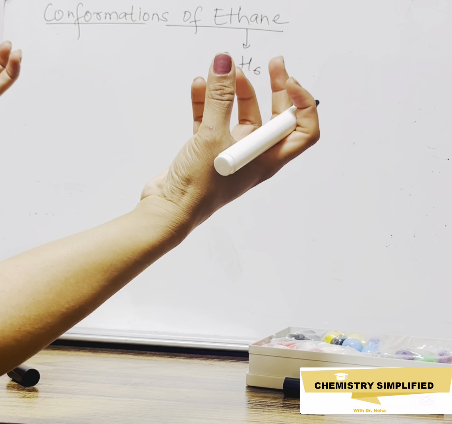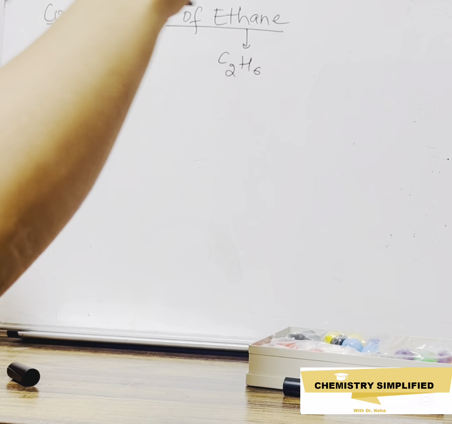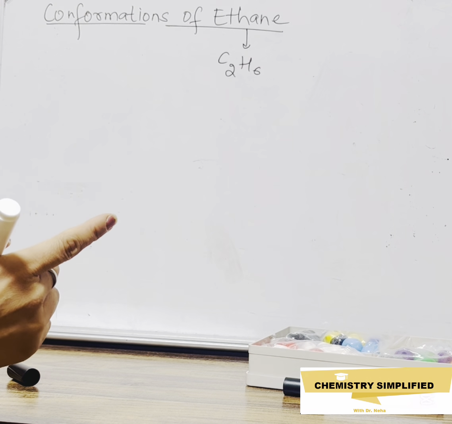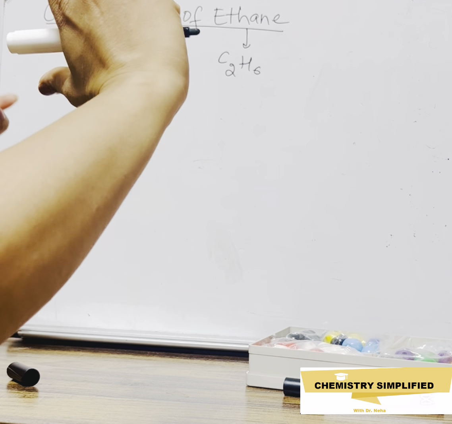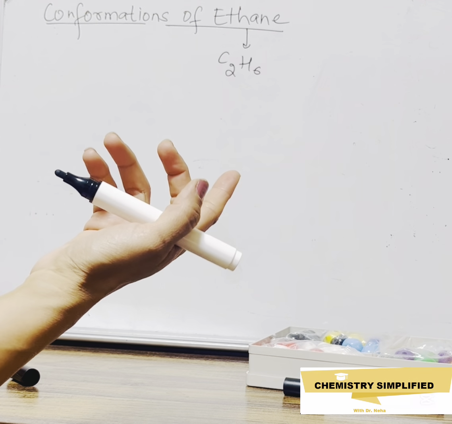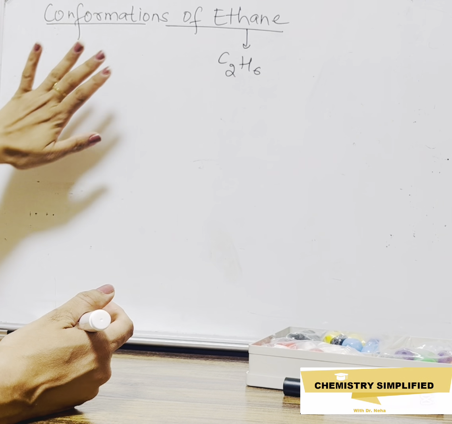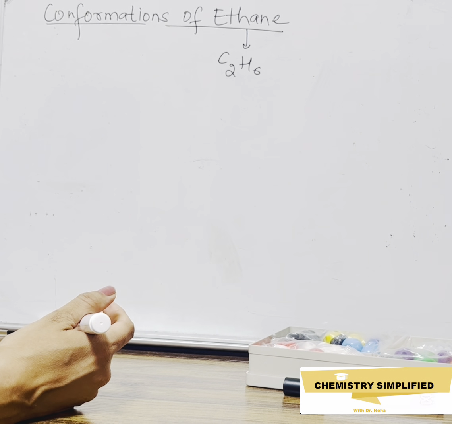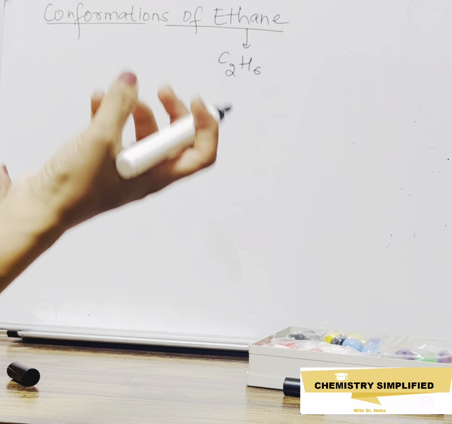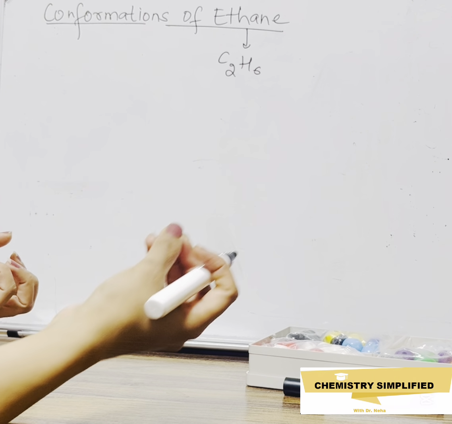How these two carbon atoms are arranged, and how the three hydrogens around each carbon atom are arranged, how we can change their position by rotating with some angle, is known as a conformation. And under this topic we are going to talk about the stability of the conformers. Okay, different forms. So let's start today's topic.